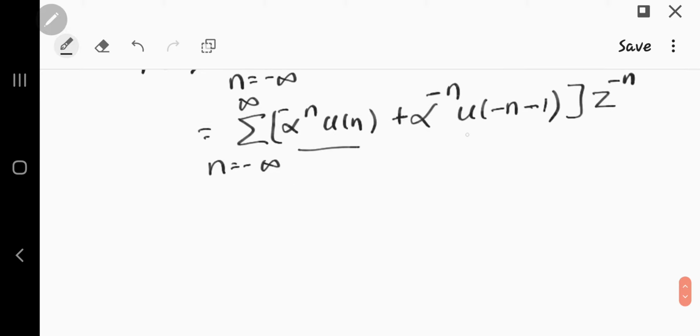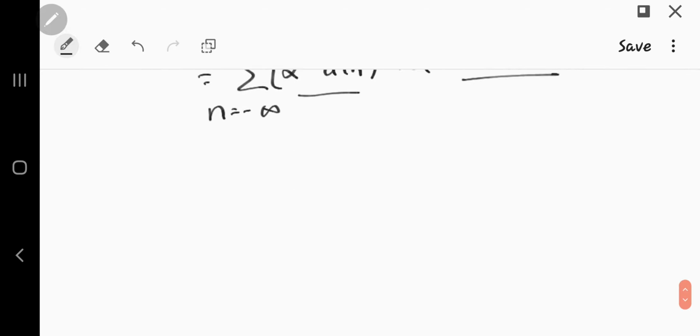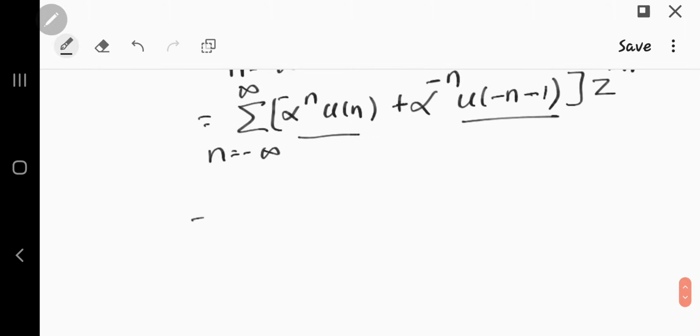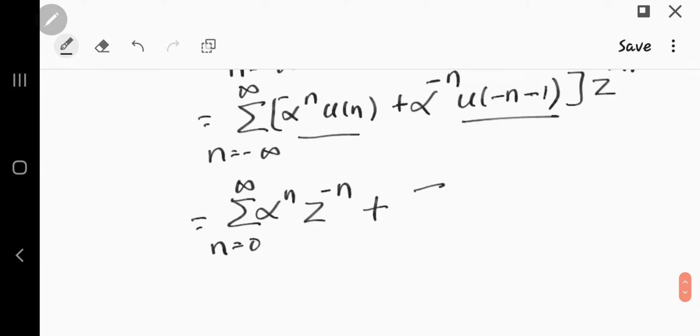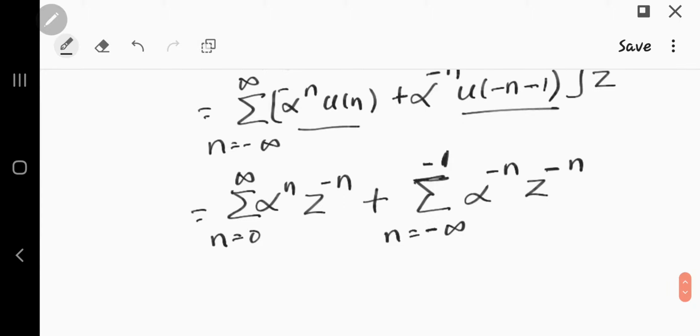Now we have u of n and u of minus n minus 1. I will take the limit directly here. So u of n is present from 0 to infinity. Therefore, summation n is equal to 0 to infinity alpha n z to the power of minus n, plus summation n is equal to minus infinity to minus 1 alpha to the power of minus n z to the power of minus n.